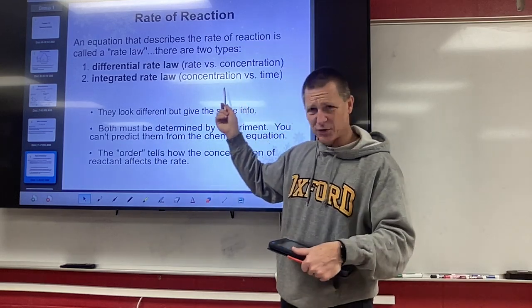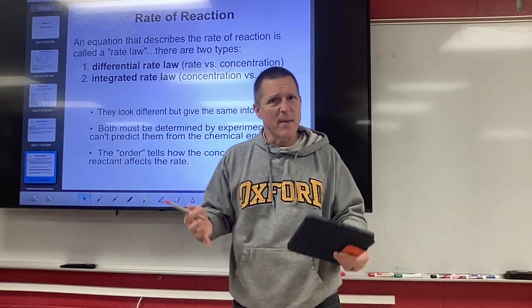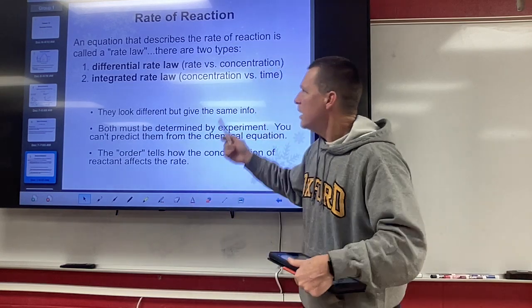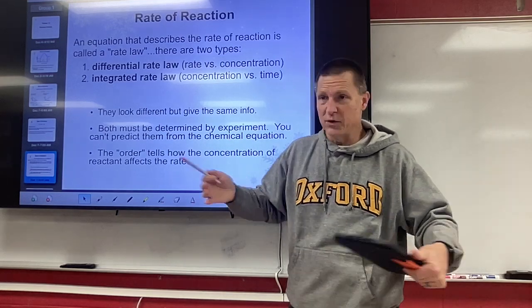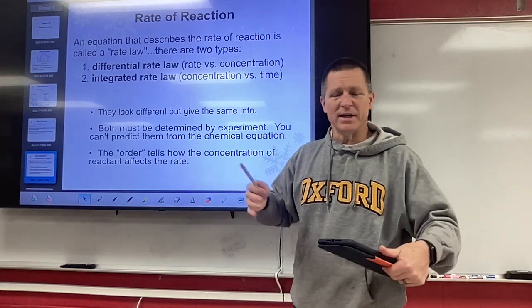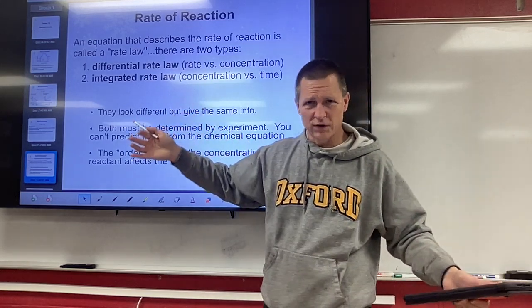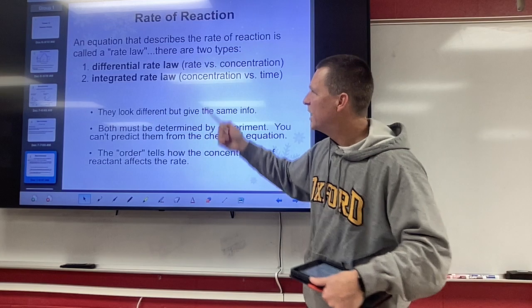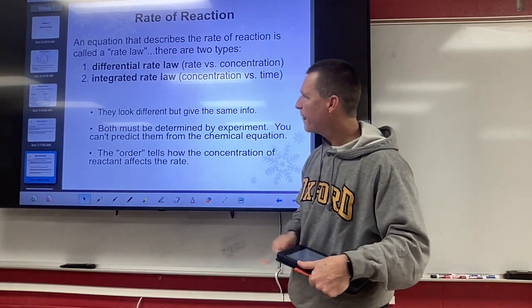That's known as an integrated rate law. Again, a law is a mathematical relationship. There could be more than two ways, but in chemistry, these are the only two types of rate law that I've ever learned, differential rate law and integrated rate law.